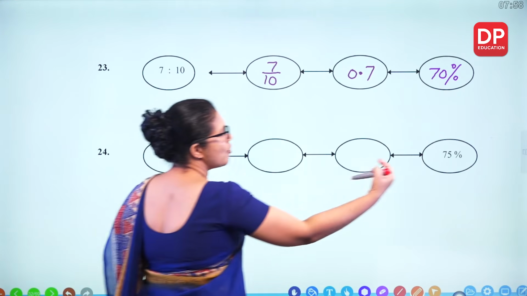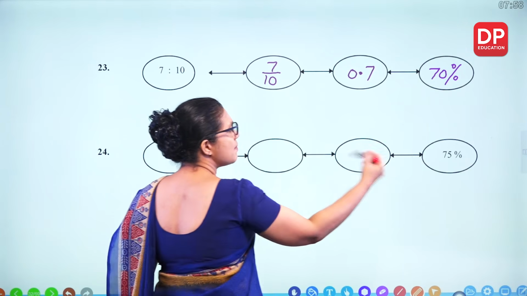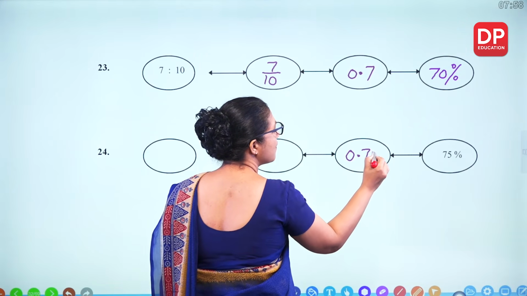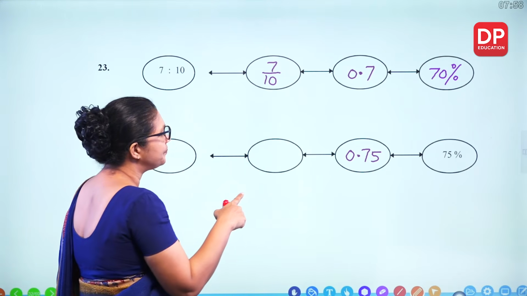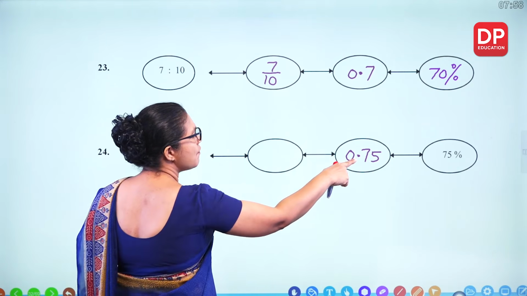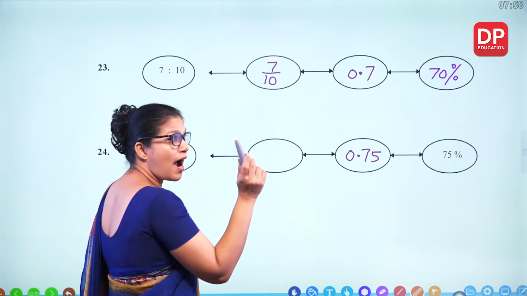This one, you can do the other way around. 75% you can write as a decimal, divide by 100, 0.75. As a fraction, you can write 75 means 75/100.